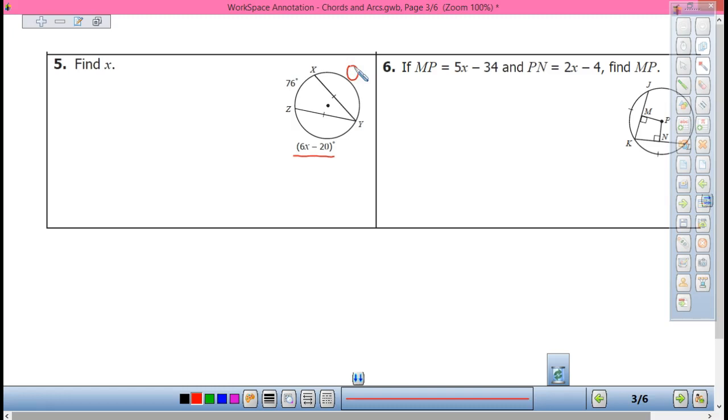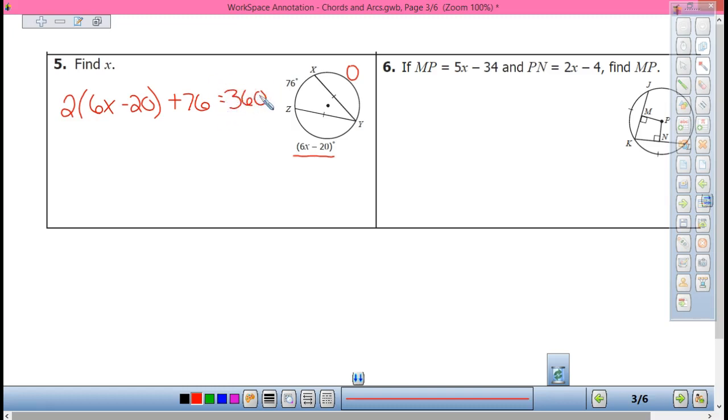And so there's two of them that are going to be the same, right? Okay, so 2 times my 6x minus 20 plus that 76. We know that that whole thing is going to have to equal what? 360, because it's a circle.